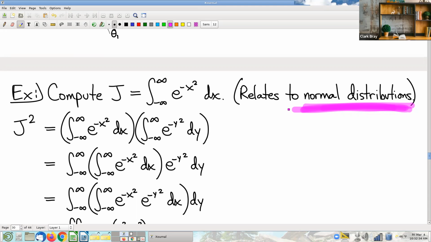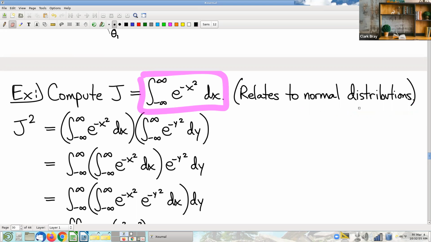If you've had a stat class, or if you've had a single variable calculus class, a Calc 2 class here at Duke, then I would imagine you probably also know that the way we compute probabilities from distributions is by taking integrals. So this integral here is just fundamentally important in statistics.